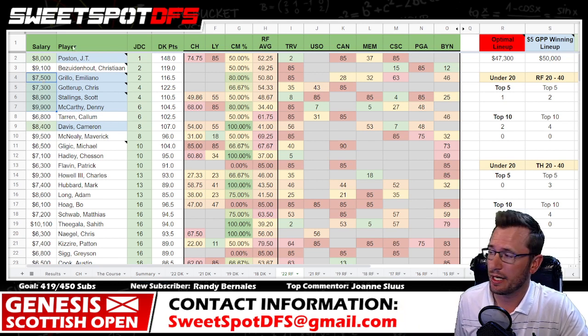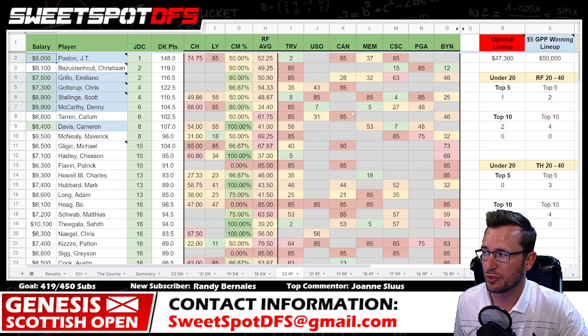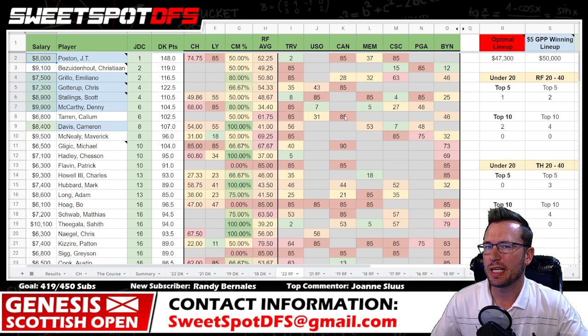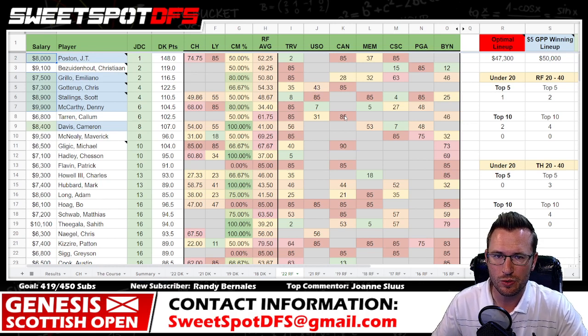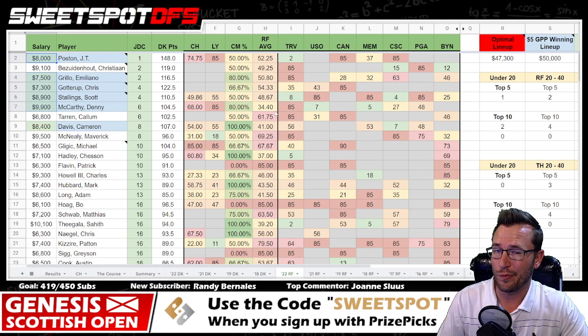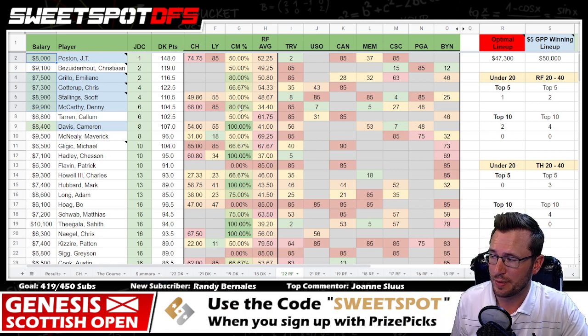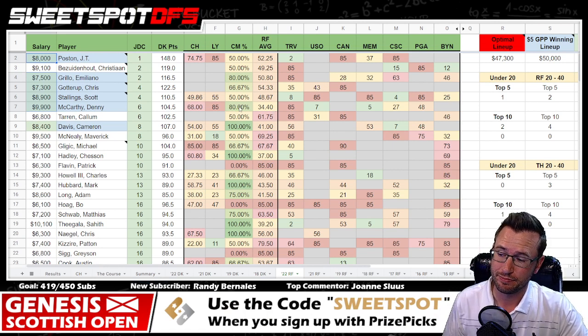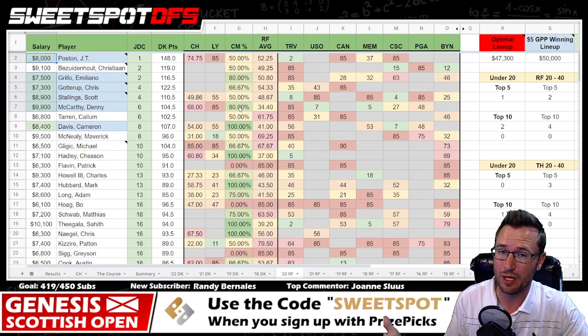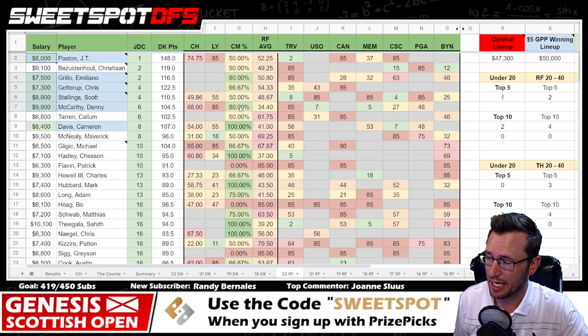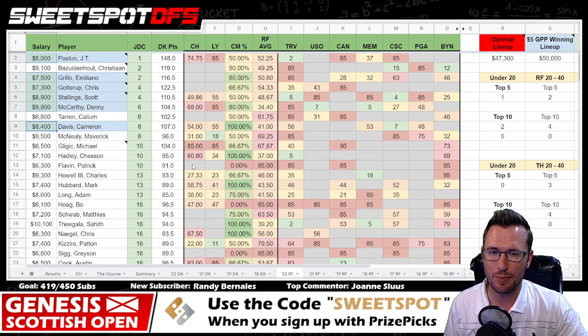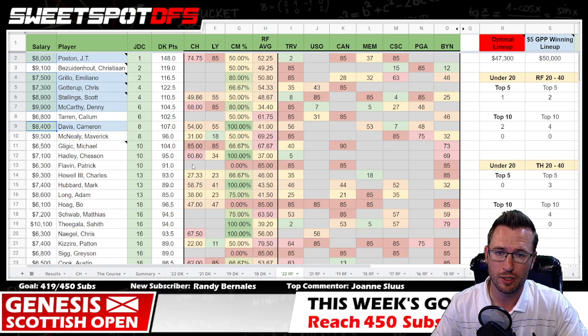So when we go from a 10 to an 8, JT Poston, we're probably saving between $2,000 and $2,500. What that gives you is, obviously our missing piece is a 6K golfer. Add $2,000 to $2,500 to that 8K golfer, and you can get to Cameron Davis at $8,400. So that's what I mean by making two substitutions.